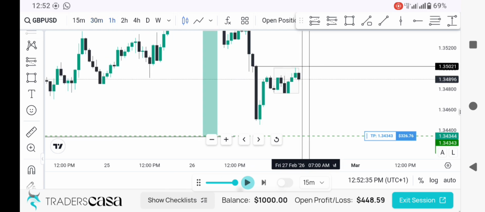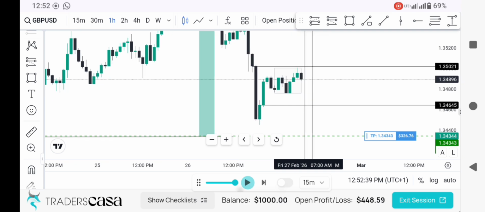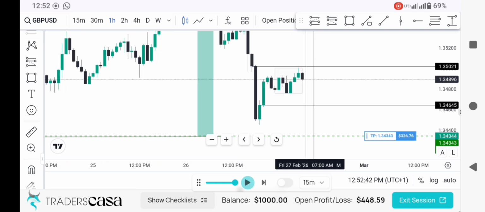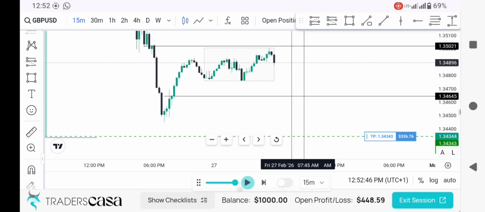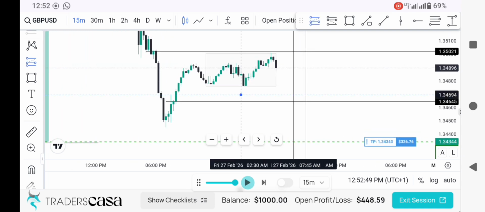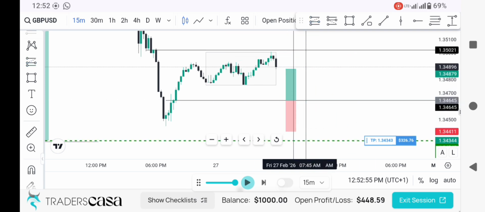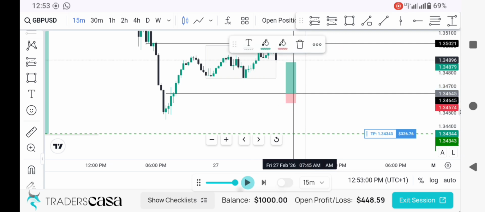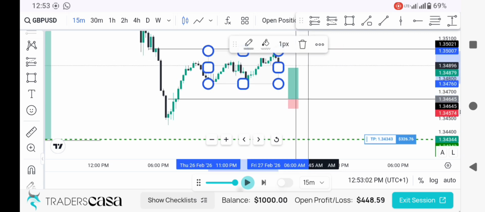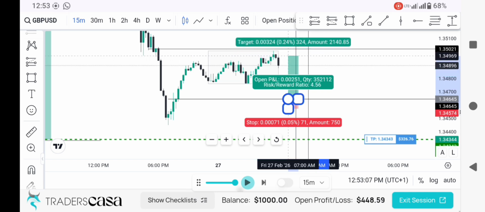I can also see a rejection block right here. The market might decide to tap right here. Let's see what the market is going to do. Now let's place an order on the buy side. We're just going to try something. The stop loss should be like this, and take profit should be under what we found.